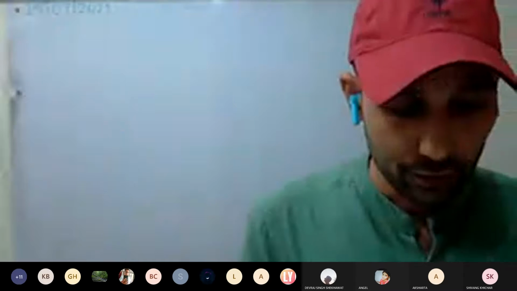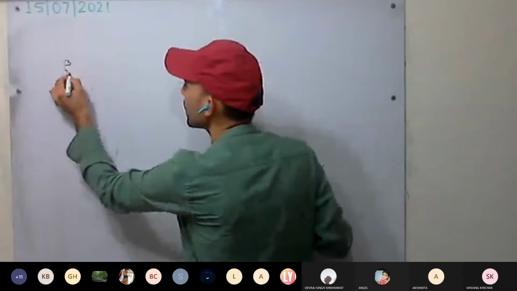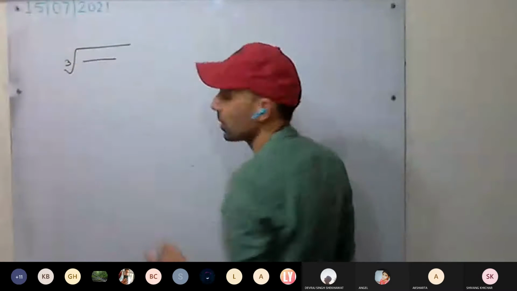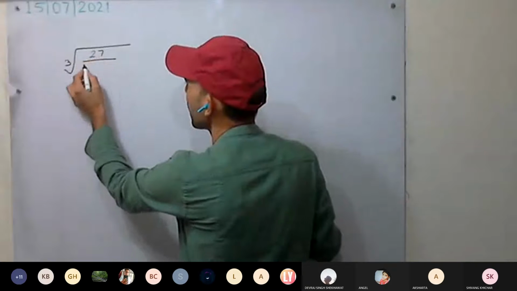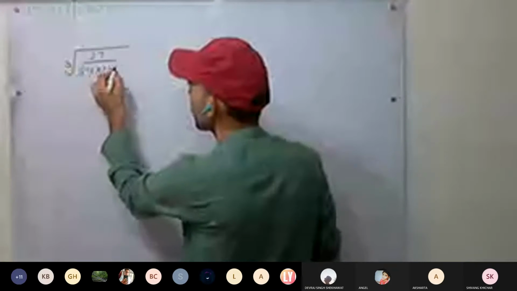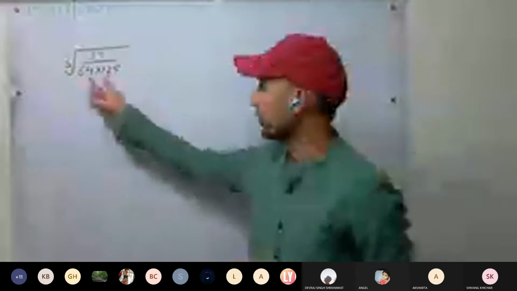11th we have done. 12th one: cube root of 27 divided by 64 into 125. What are you going to do? Are you going to multiply them first or apply something else?